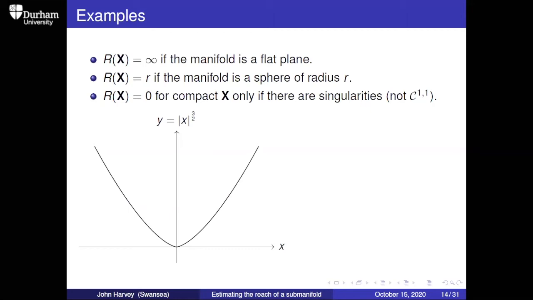Here's some examples, really basic examples. Suppose you had a flat plane, then that will have infinite reach. If you have a flat plane inside Euclidean space, then every point has a unique nearest point on the plane. So there's no curvature, there's no bottlenecks, the reach is infinite. If you take a sphere of radius r, then r is the reach.